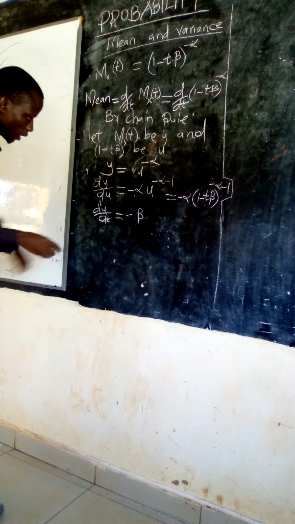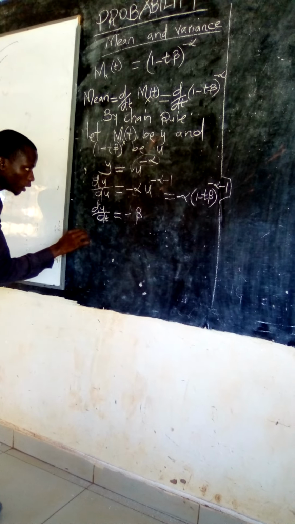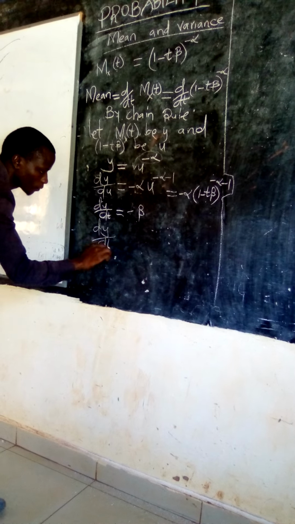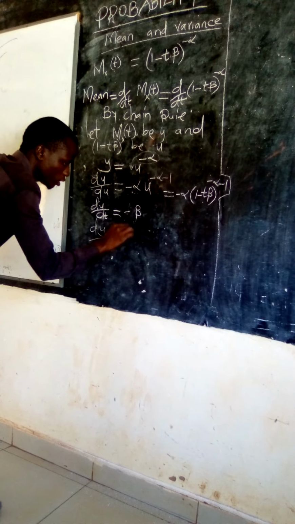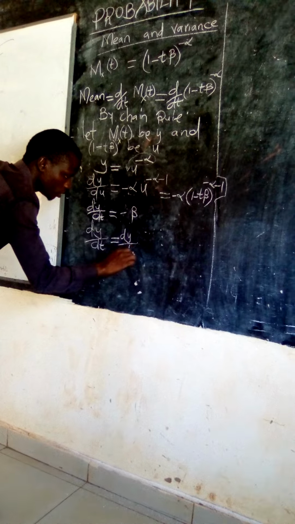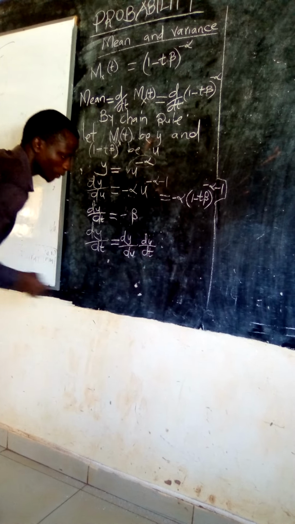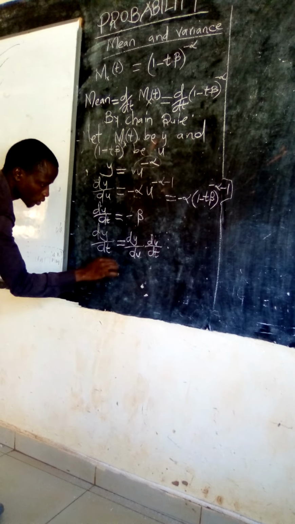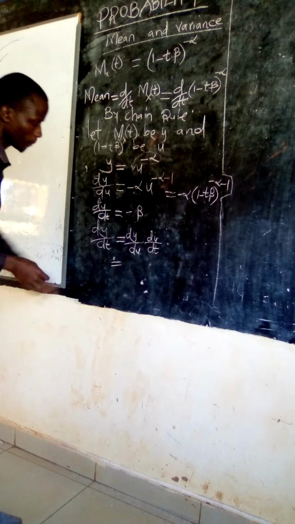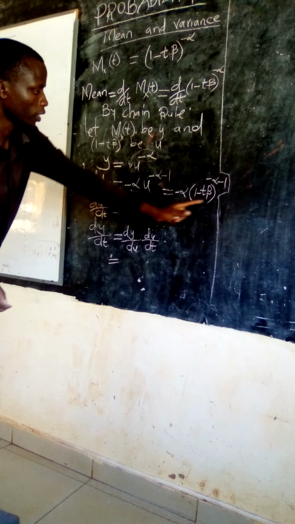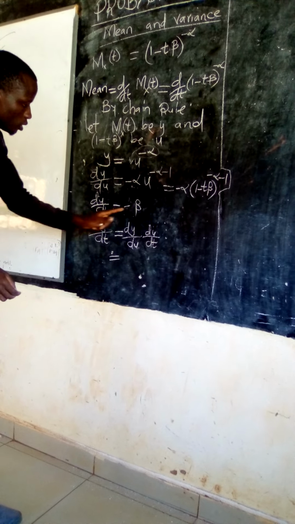Now after that, I can use the chain rule, which states that dy dt is equal to dy du times du dt. And what is it? My dy du is already here. Remember, dy du is here, then my du dt is here.